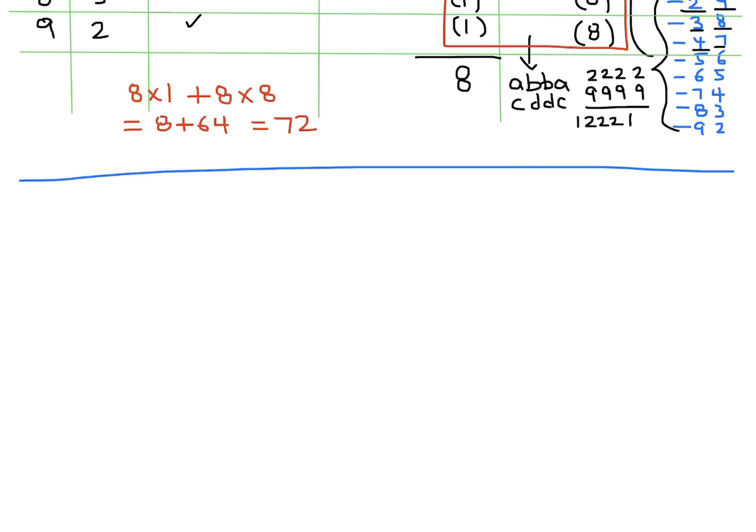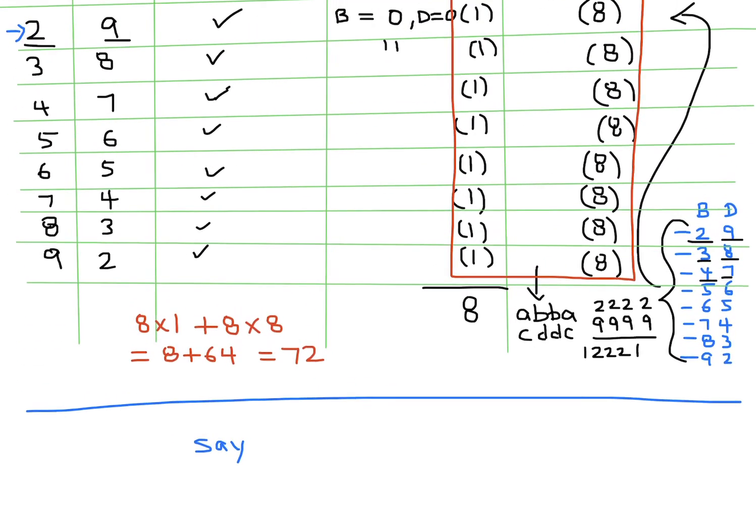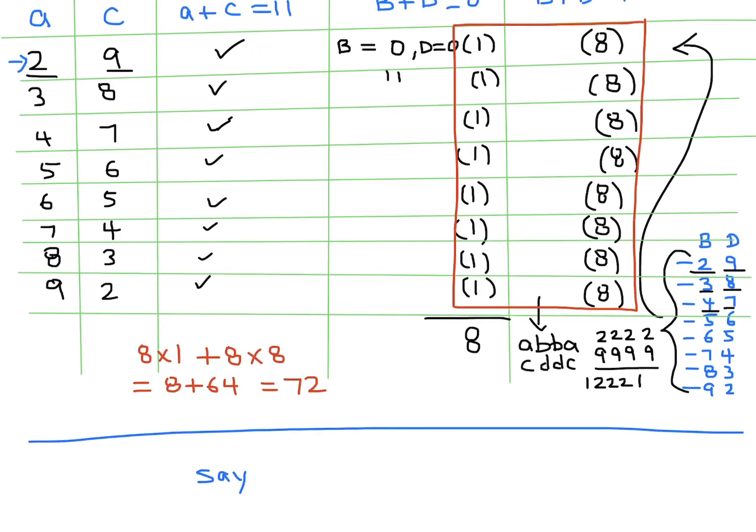Well, I'll explain. For example, let's just choose one of these here, AC. A and C is 4 and 7, and B and D, you can choose, doesn't really matter, 6, 5, right? So A is 4, C is 7, B is 6, and D is 5.